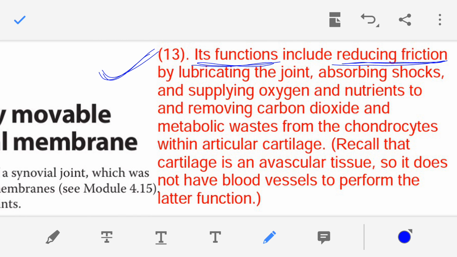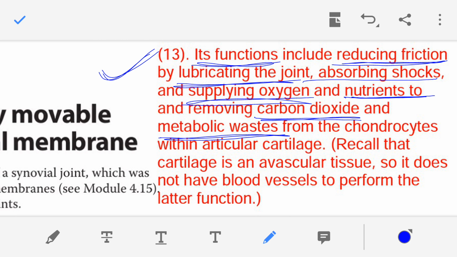This fluid lubricates the joint, absorbs shocks, supplies oxygen and nutrients, and removes carbon dioxide and metabolic waste from the chondrocytes which are present in the articular cartilage.